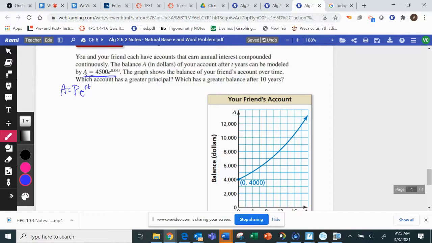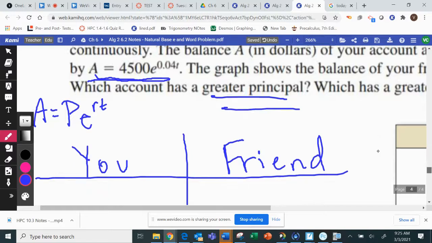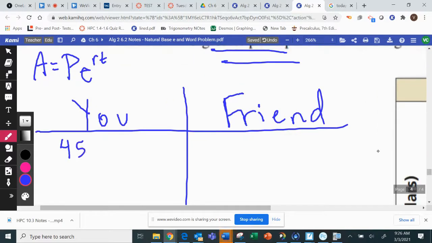Which account has a greater principal? So that's the initial amount. So let's look at your account. Your account is this equation here. What number is the starting amount in that equation? 4,500. That's your principal.